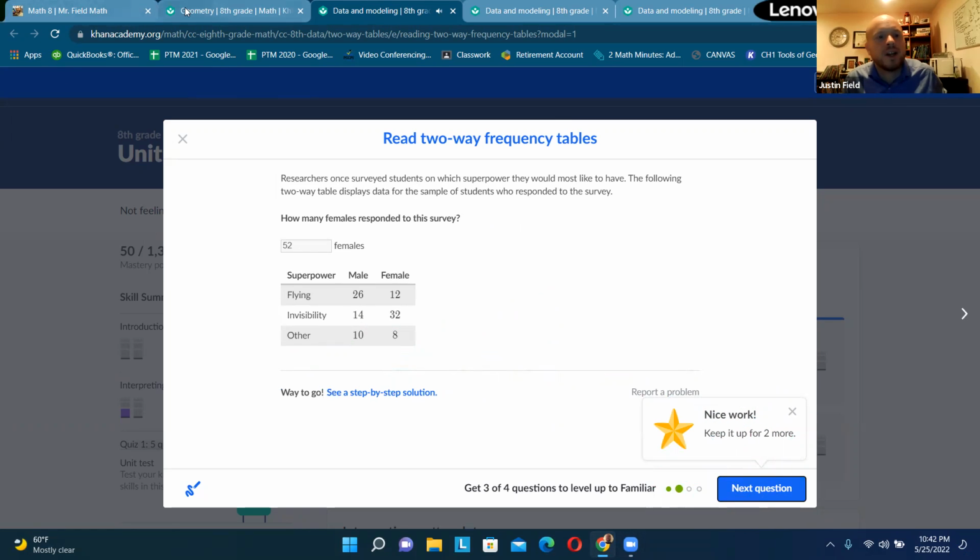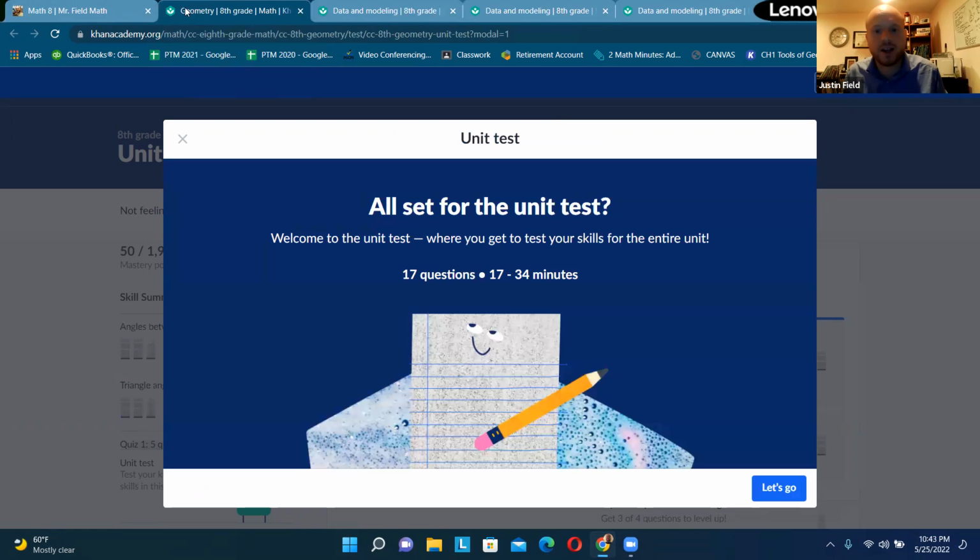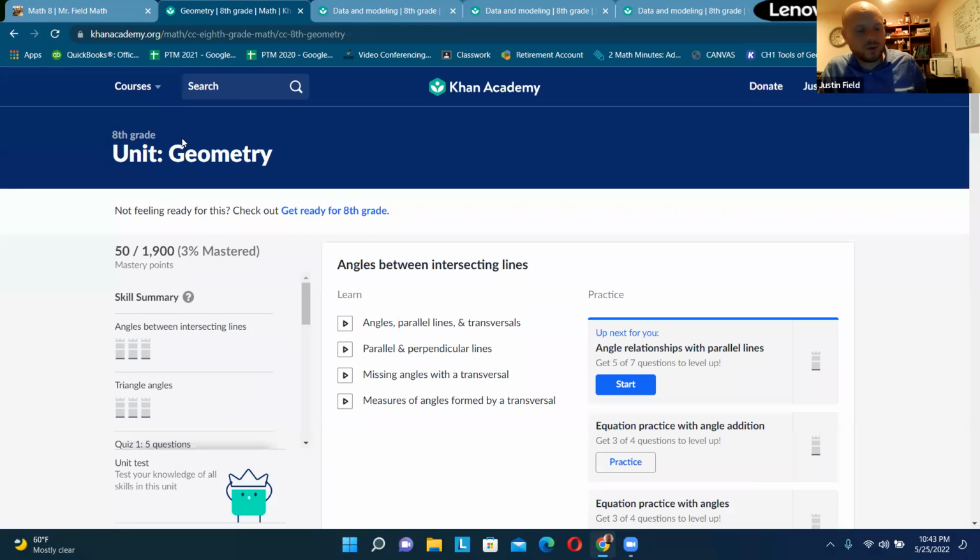And so on. Now the last one for this week is the geometry unit test. Now you can see it's a longer one. And remember that interleaved practice means that we bring previous work that we've done this year up again, where there are multiple problems that look similar but have different strategies to solve them.